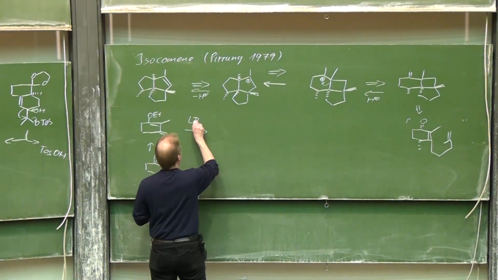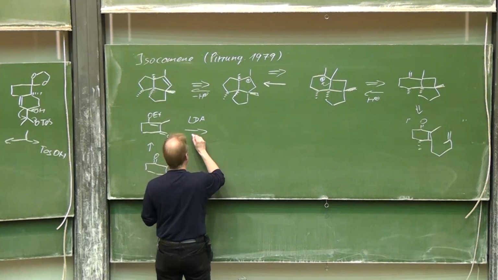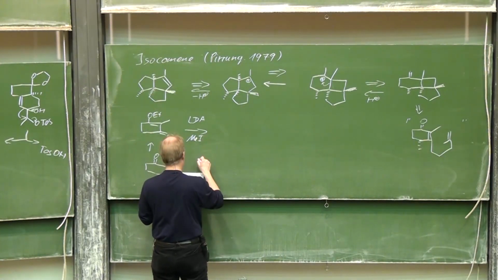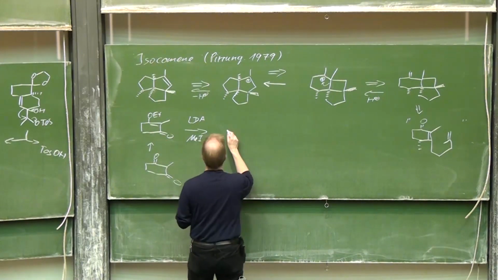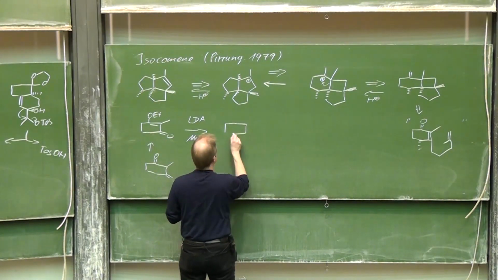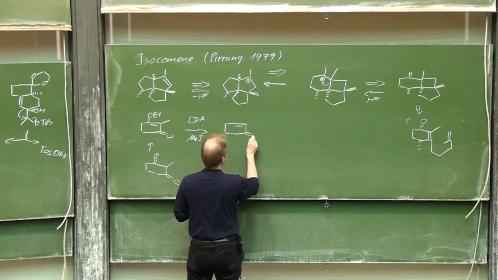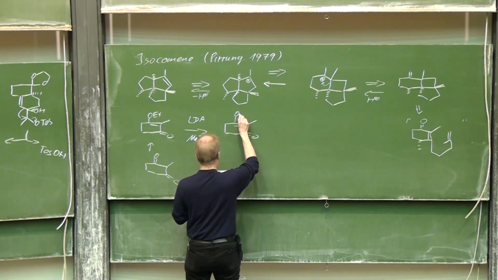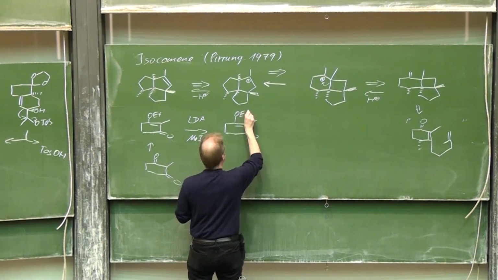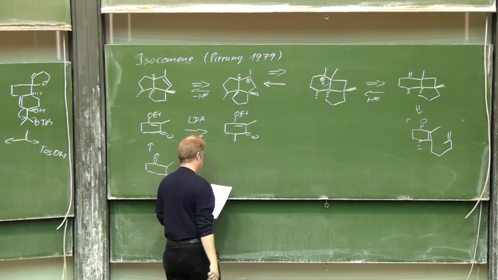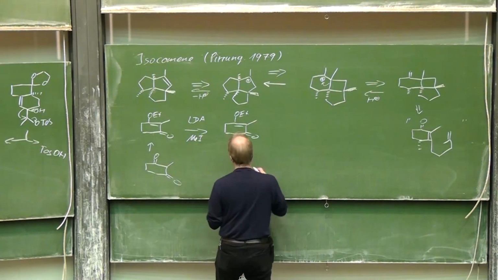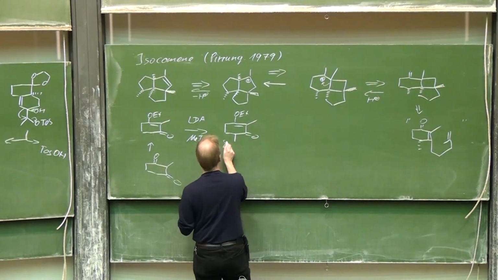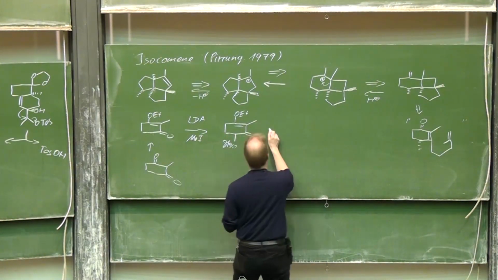So, with LDA, methyl iodide, additional methyl group has been introduced here. Yield 81%.